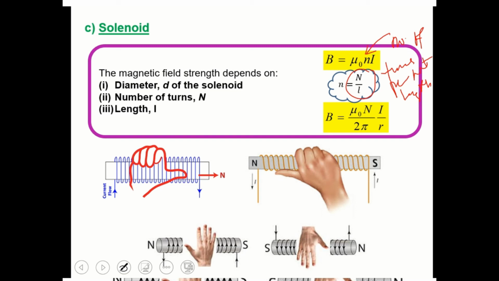Alright, so dia ganti daripada ke atas tu, µ0 N I over L. Okay, so ada untuk solenoid, this is number 1. Okay, this is number 2.